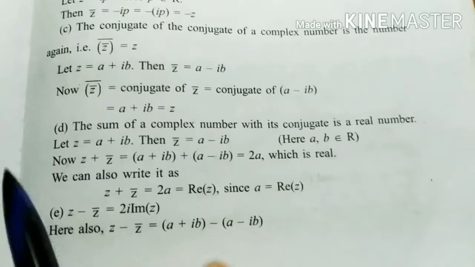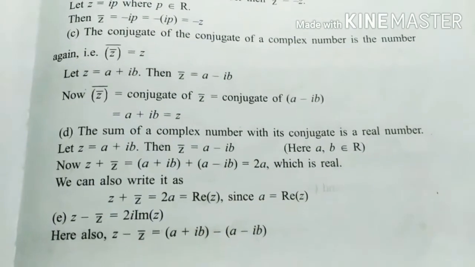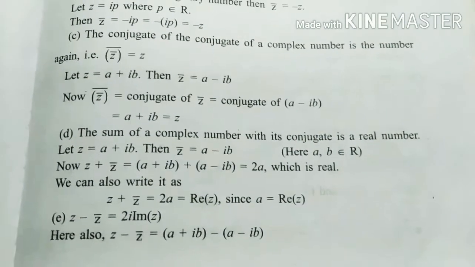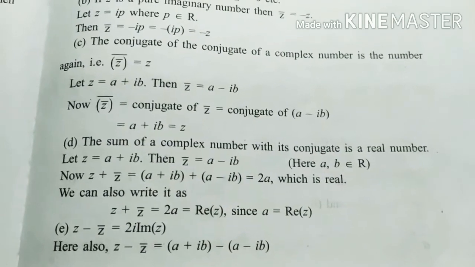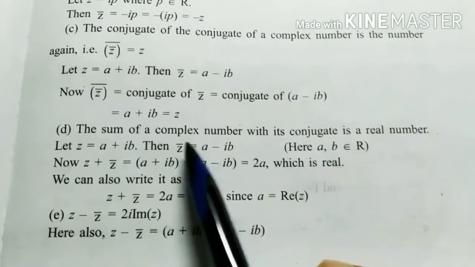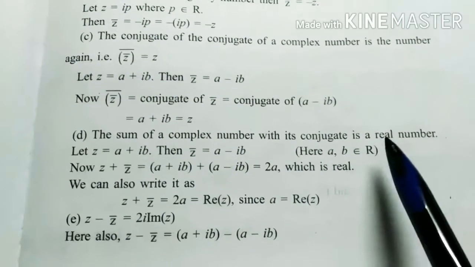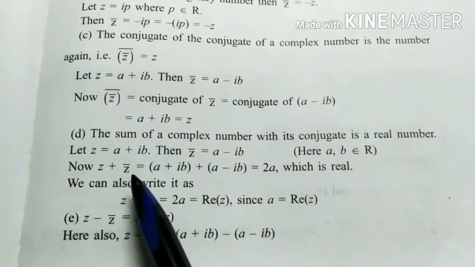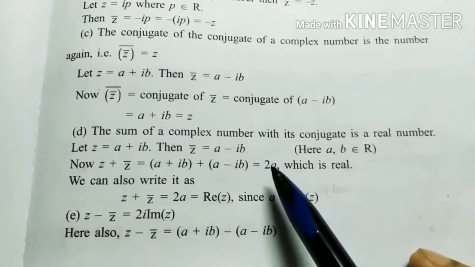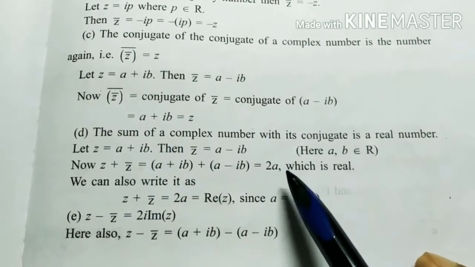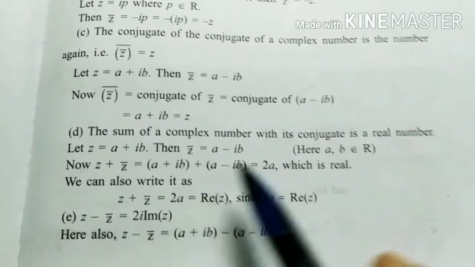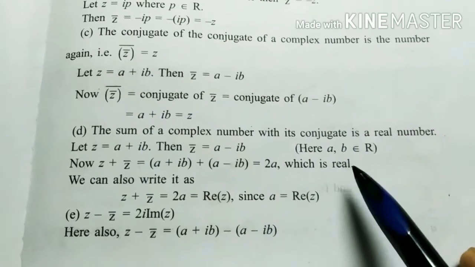Next, point D. The sum of a complex number with its conjugate is a real number. That means z plus z bar becomes equal to twice a, which is real.